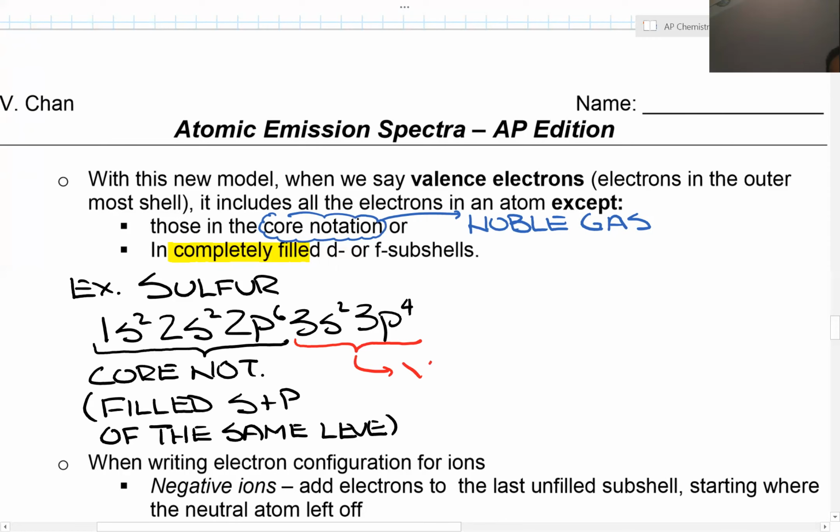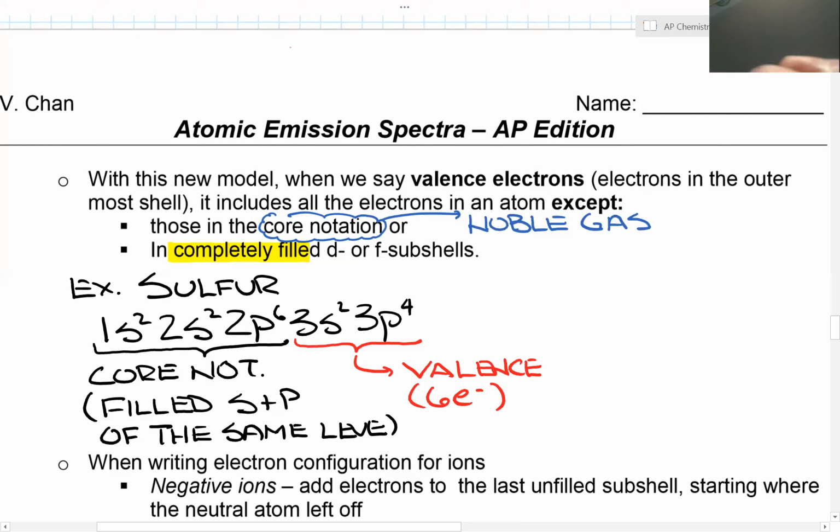And so the number of valence electrons would be this one. This would be my valence, and then I would have 6 electrons. Now, you might say, well, Mr. Chan, how is 1s2, 2s2, 2p6 a core notation? Because 1s2, 2s2, and 2p6 is the electron configuration of neon.